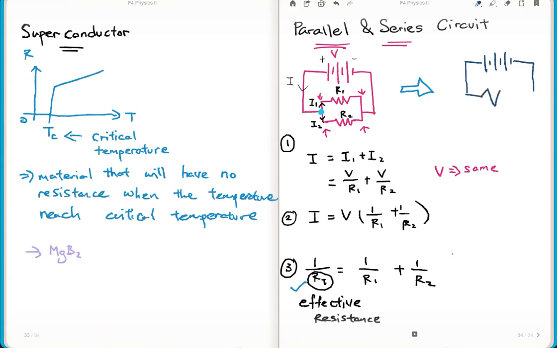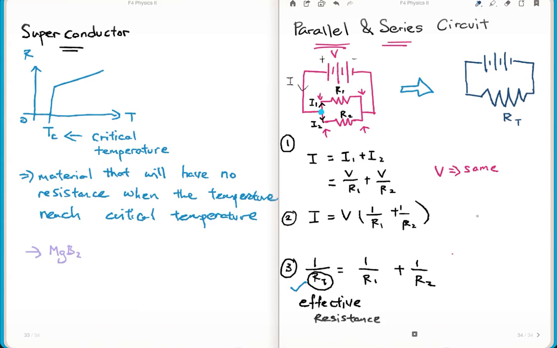You may regard it as here. Then you're able to calculate what is the current and what's the voltage, etc. So one rule, the thumb rule to solve this kind of question, is you get the effective resistance.